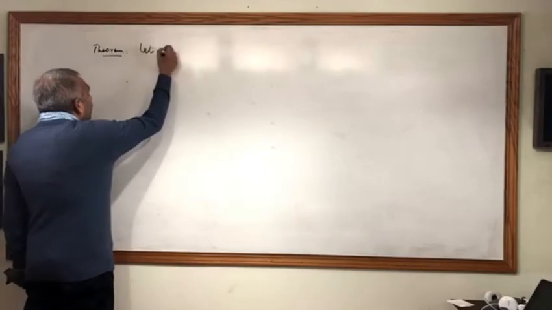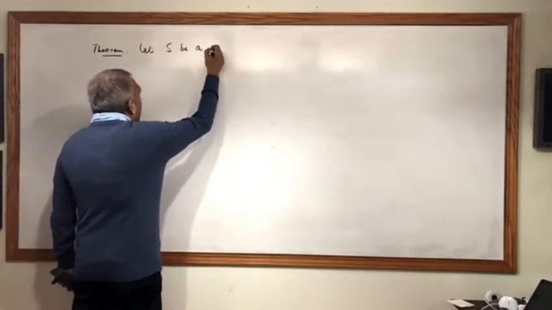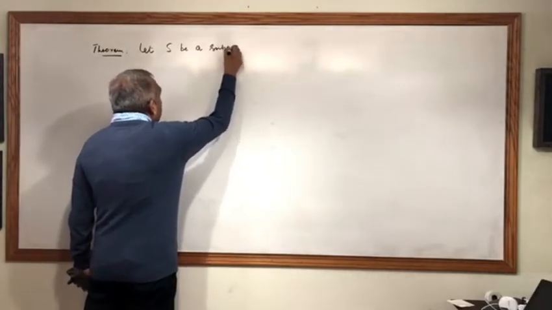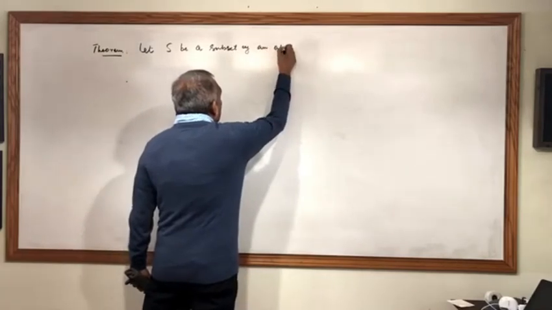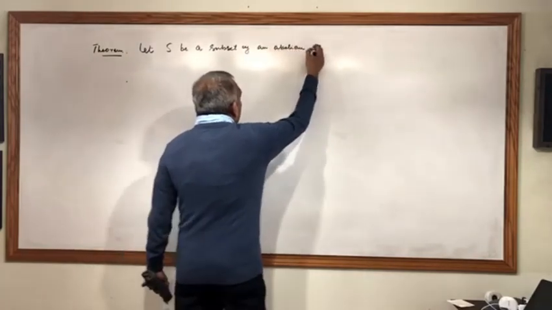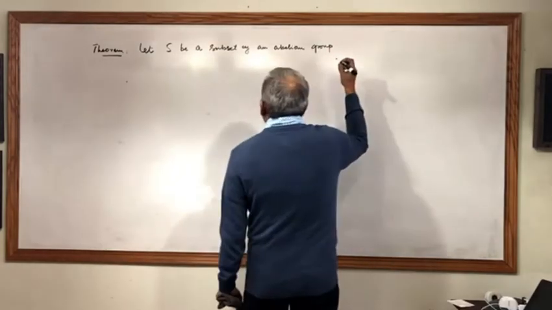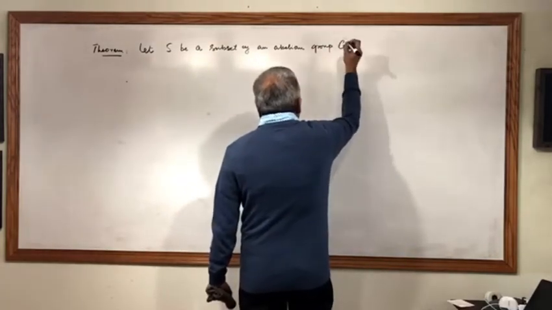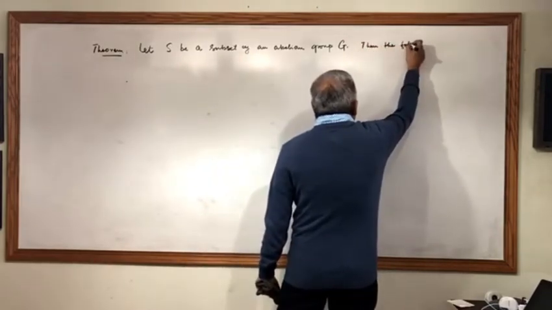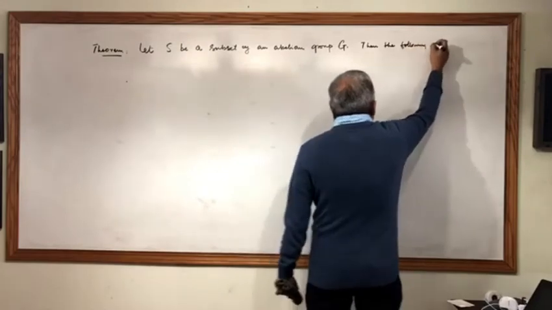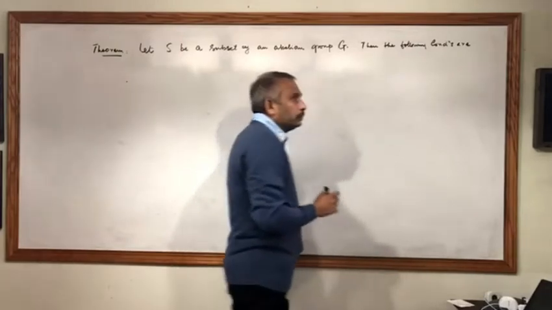Let S be a subset of an abelian group G. Then the following conditions are equivalent.